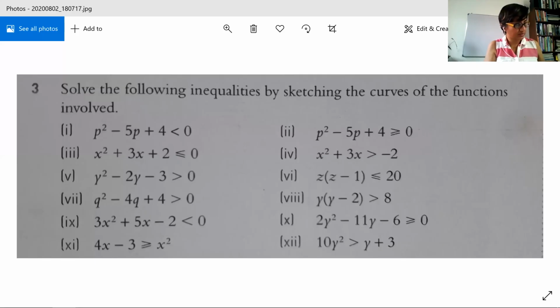That was also from your textbook, a different exercise. This is what I gave you. This is exercise 2F, question number 3. If you need to note it down, once you get to your books, you can find it.